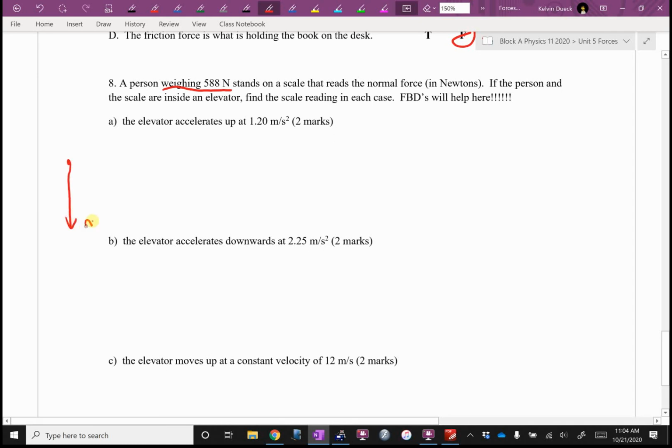Get the obvious one, mg. What else? Well, the floor must be pushing up through their feet, and because they're accelerating up, that must be winning. In fact, my equation is going to be winner minus loser equals ma. They want me to find the scale reading? No, they don't. What do they really want me to find whenever I ask for a scale reading? Fn. Yep.